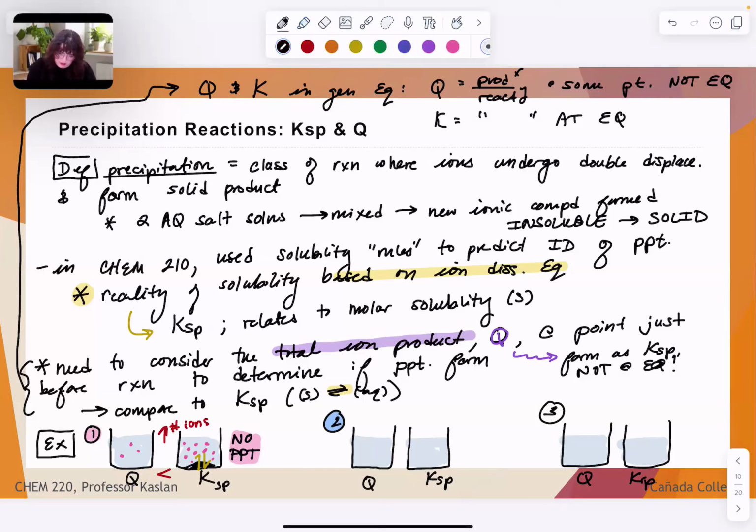So scenario two is the inverse. So I've got Q that is going to be greater than K. This is the point where I have so many ions in solution that I have indeed saturated things out.